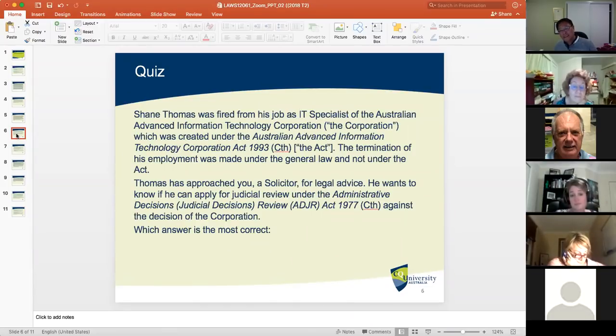Okay, but let me just clarify. If that's the point you're making, Keith, you would be correct, because why is the decision unlawful in the first place? But that is not the thrust of the question. The purpose of this assessment is simply to determine whether or not the decision is reviewable under the ADJR Act. So if that is the argument, you're correct. That can be the problem with quizzes, right?